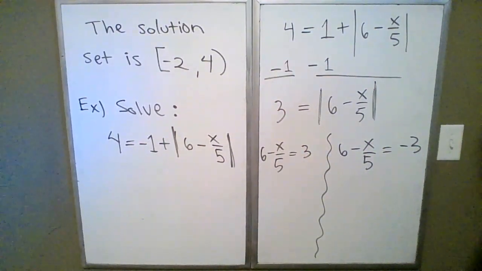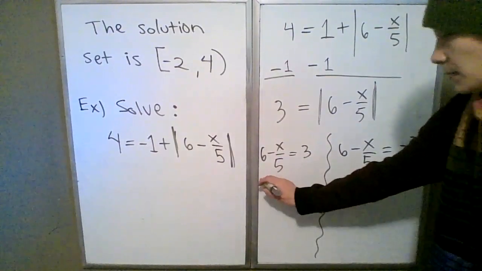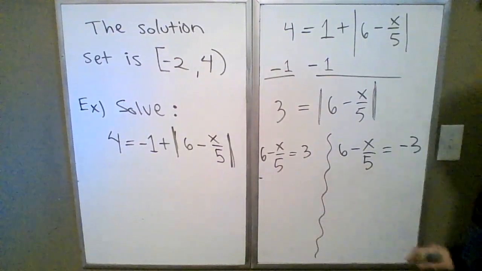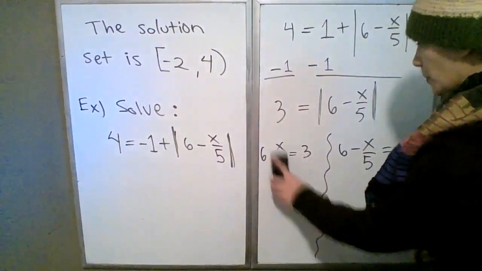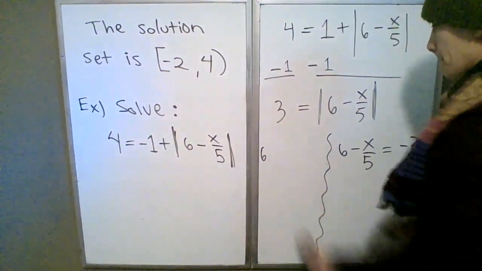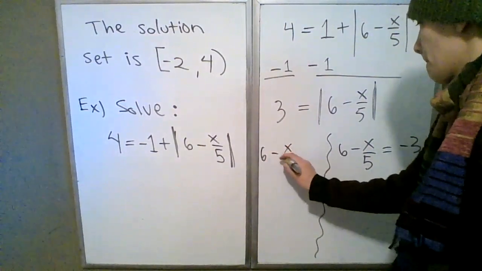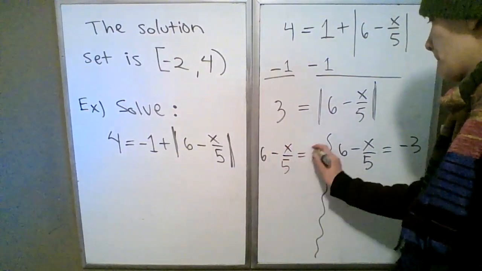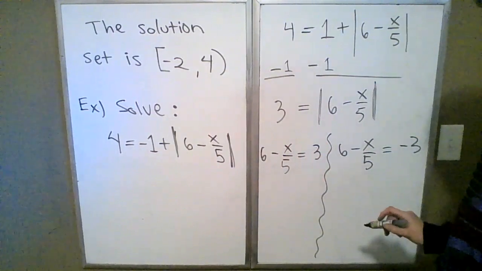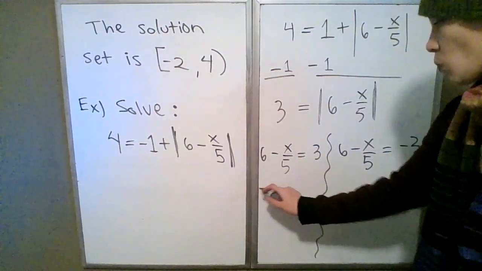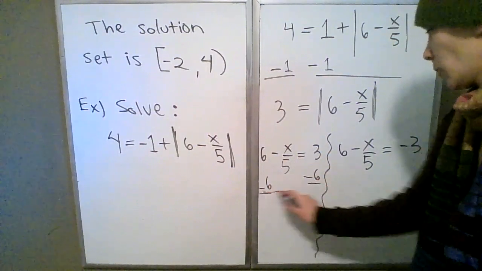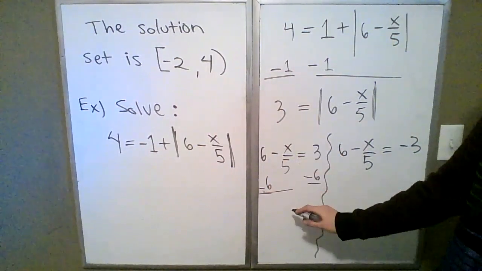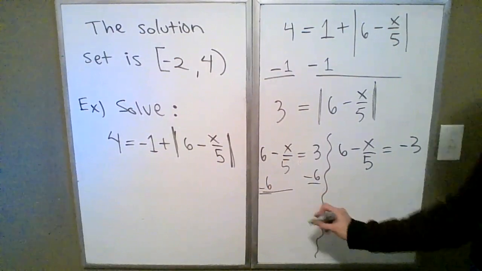So I would subtract 6 from both sides. This looks messy. So negative x over 5 equal to -3.